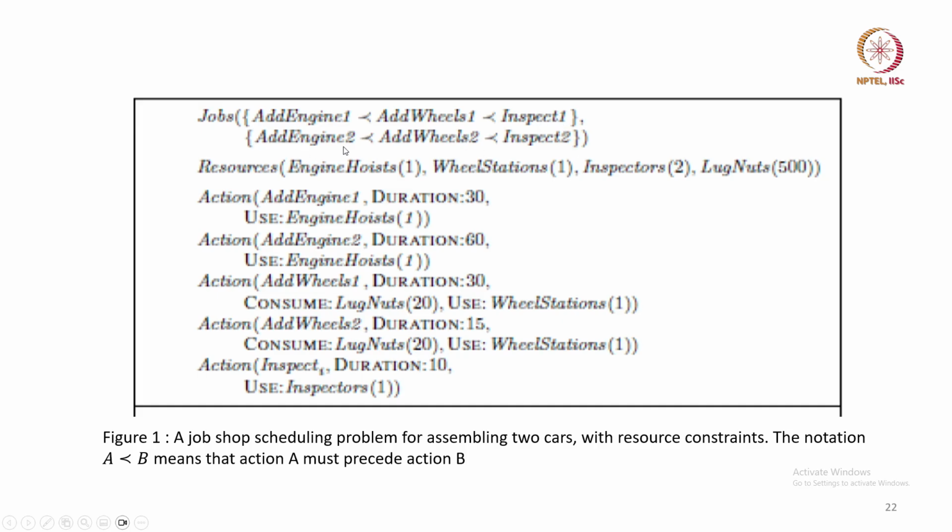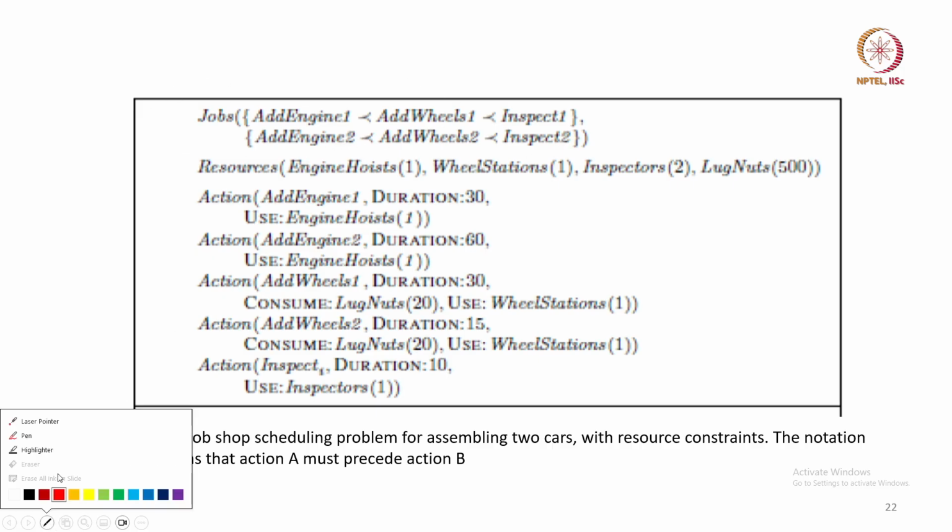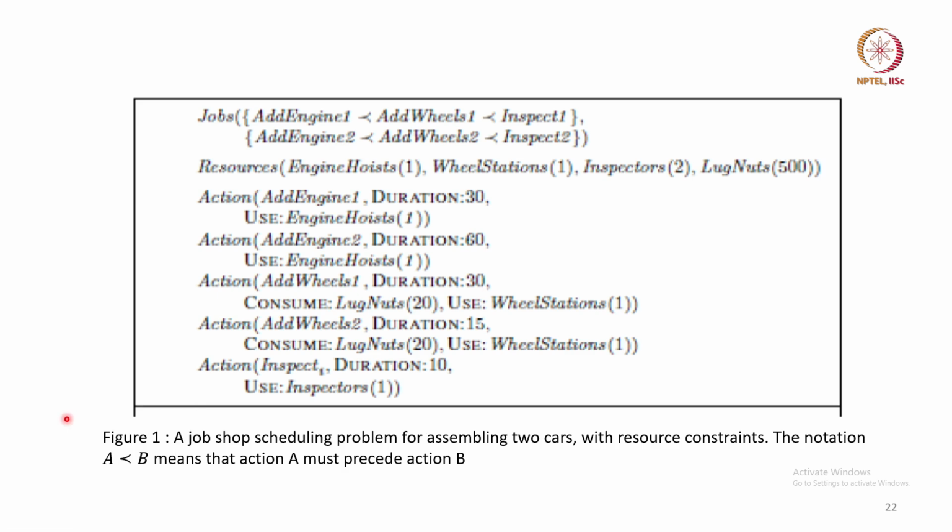Similarly, you have to add engine 2, add the wheels 2, and inspect 2. So this is the job which needs to be carried out over here, and you have the list of all the resources that are available to you. So you have an engine hoist, you have a wheel station, inspectors, lug nuts, etc.